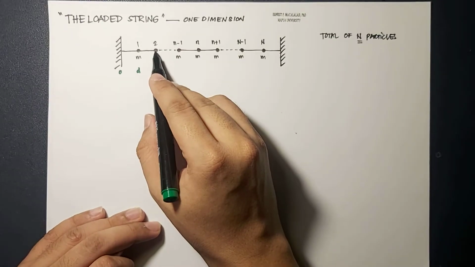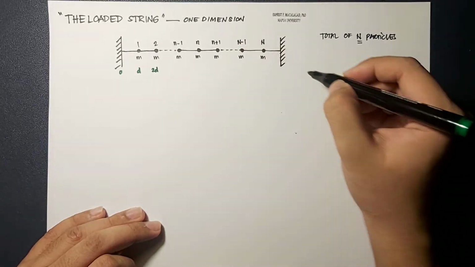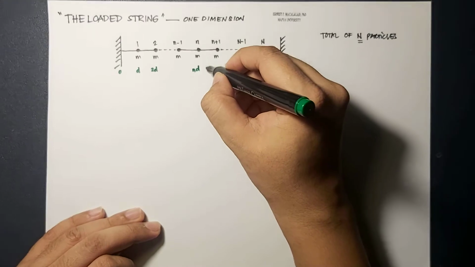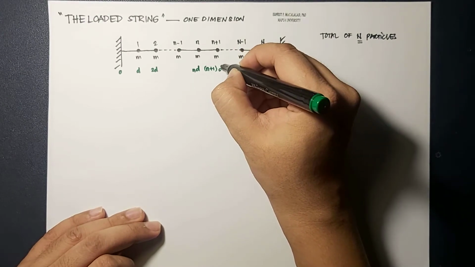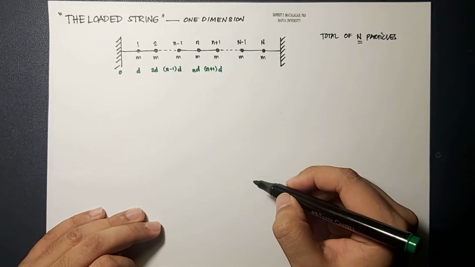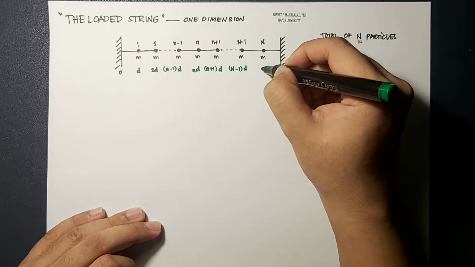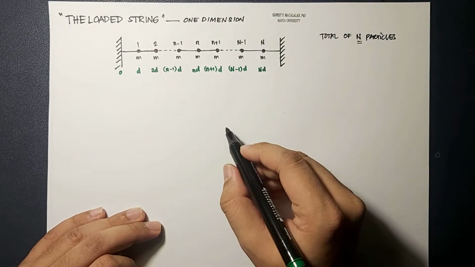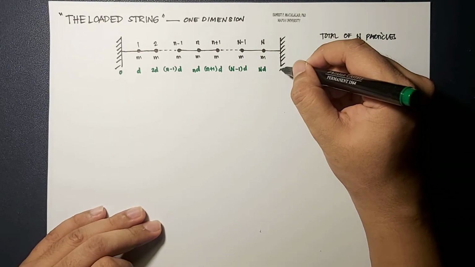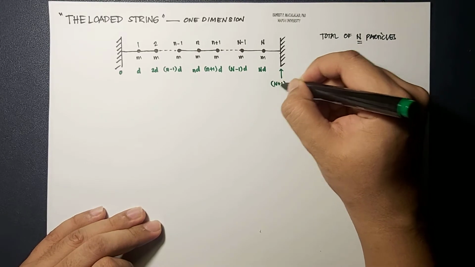Therefore this is 2d away from this point, etc. So this is nd, this is (n+1)d, and this is (n-1)d. This is (N-1)d, this is Nd. Therefore the end of your string would be (N+1)d.